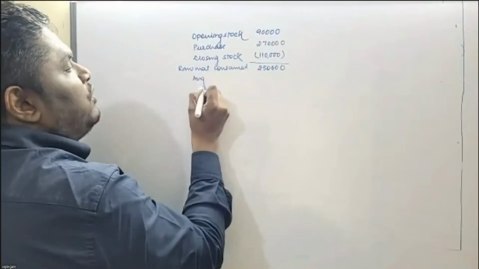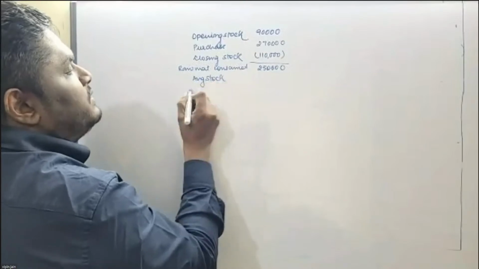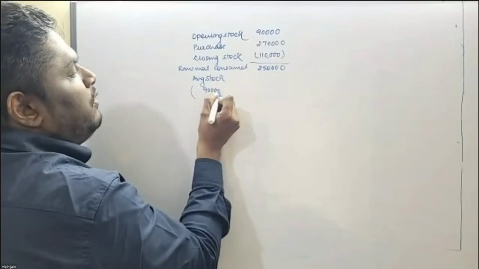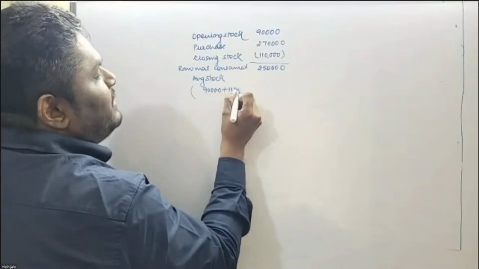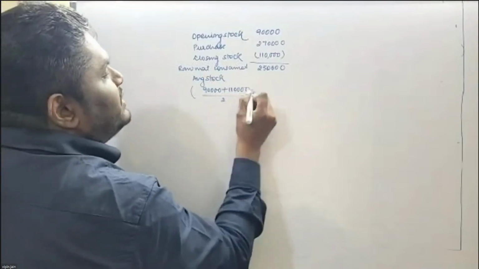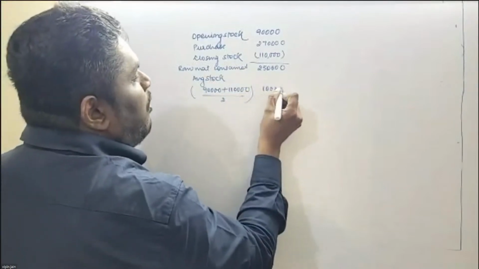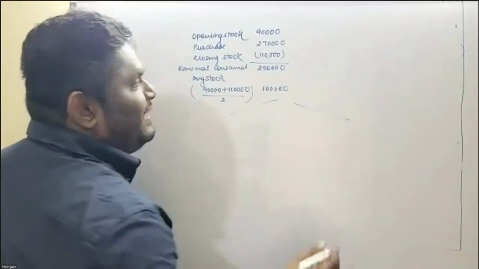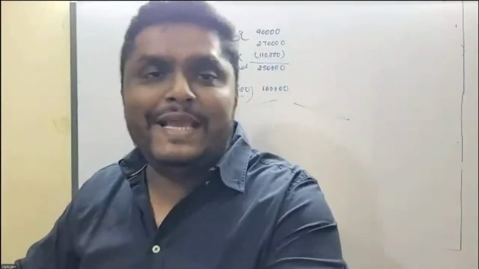And my average stock will be how much? Very simple, guys. 90,000 plus 1,10,000 divided by 2. This will be 1 lakh. So we can easily calculate the inventory turnover ratio. Guys, I'm going a bit fast because we are running short of time and this part is very easy.